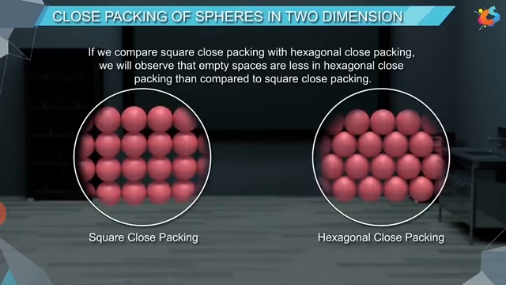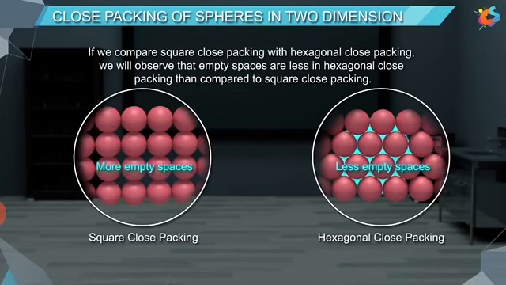If we compare square close packing with hexagonal close packing, you can observe that empty spaces are less in hexagonal close packing than compared to square close packing. But in either case, the total space is not occupied.